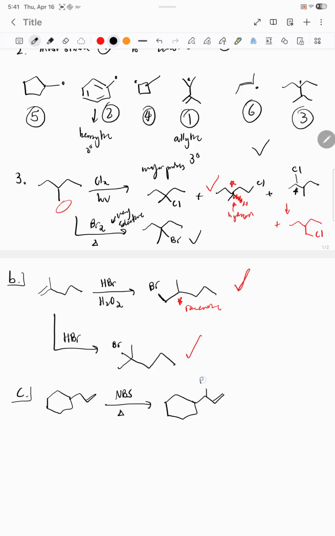Seems like we will get allylic bromination. However, be on the watch because we could go through a rearrangement. NBS allylic bromination can undergo a rearrangement of carbocations.